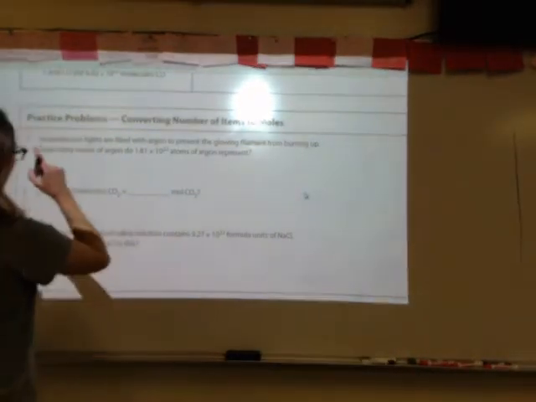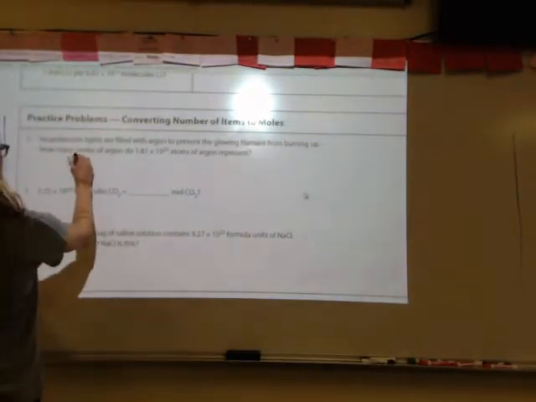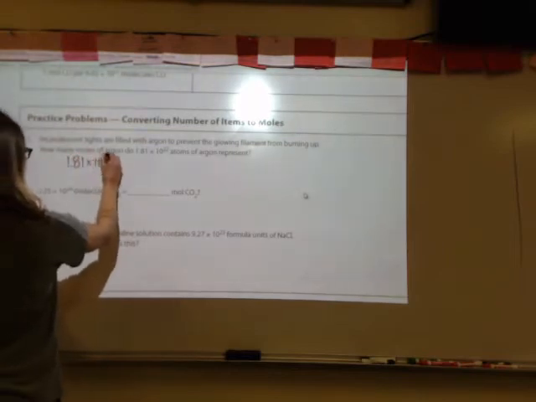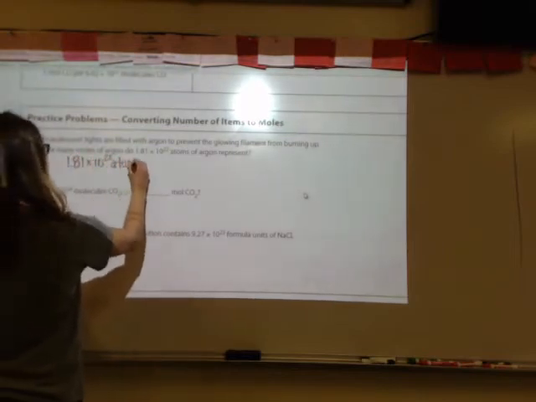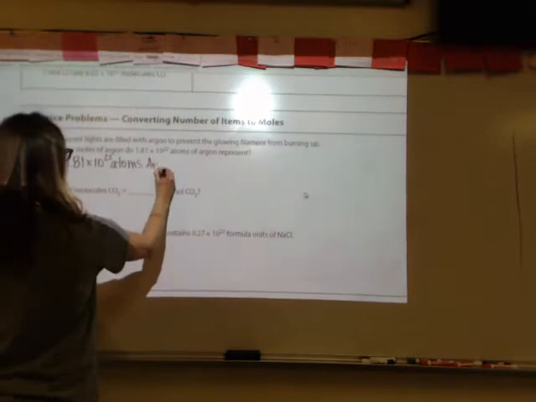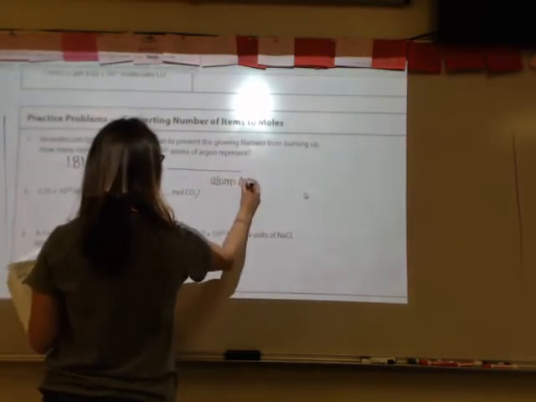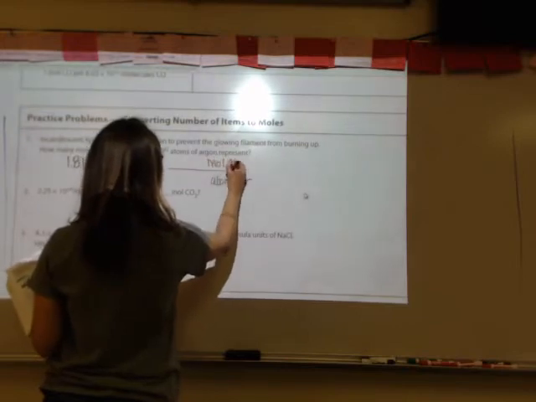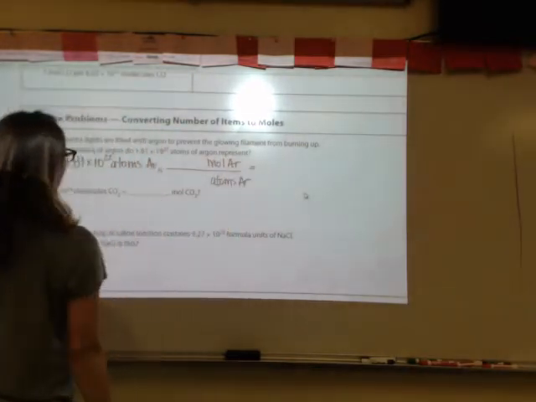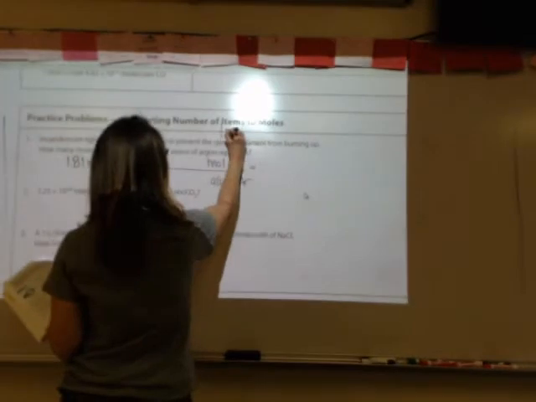How many moles of argon do 1.81 times 10 to the 22nd atoms of argon represent? So you want to put atoms of argon on the diagonal and moles of argon on top. The number 1 goes next to moles.